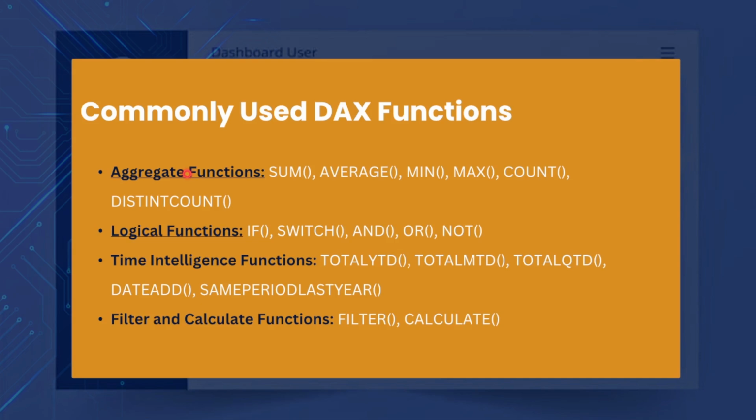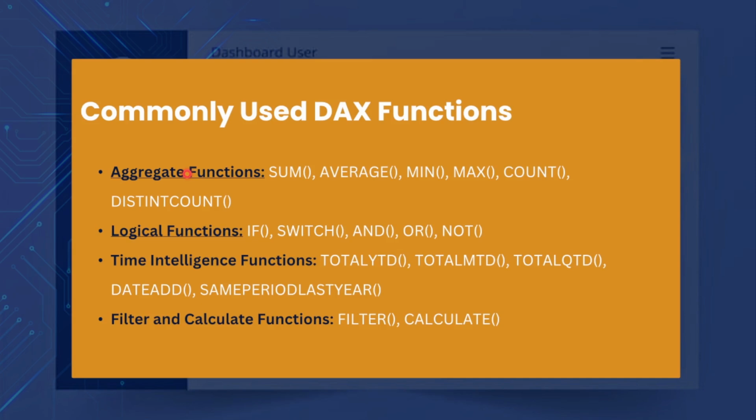MIN, you find the minimum value in a range. MAX, you find the maximum value in a range. COUNT, you count the number of occurrences of values in the range. DISTINCTCOUNT, how many distinct values there are. It's similar to UNIQUE in Excel. These are the functions you can find under the aggregate functions.